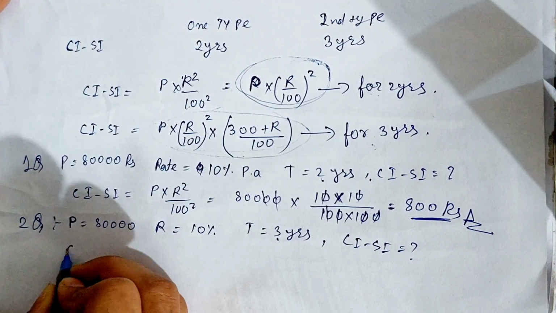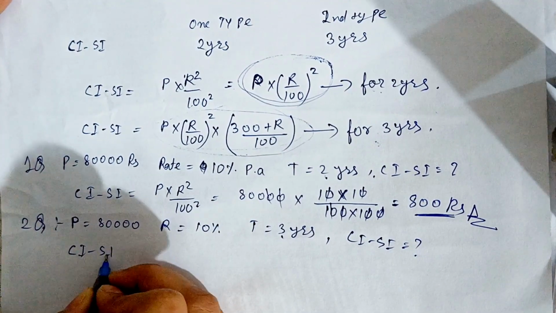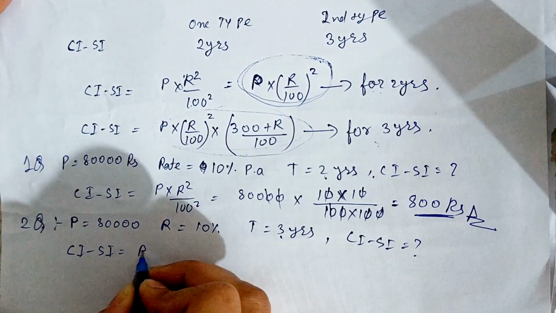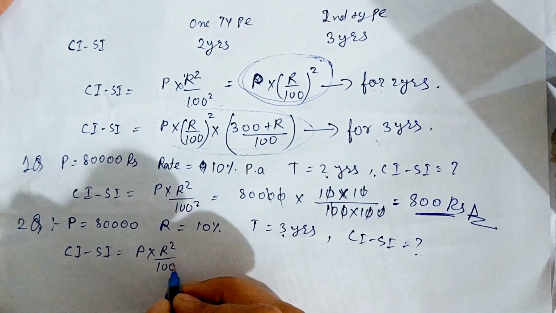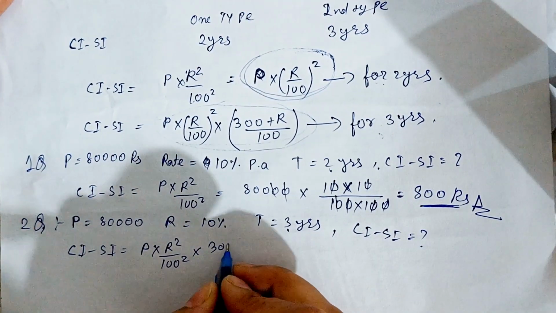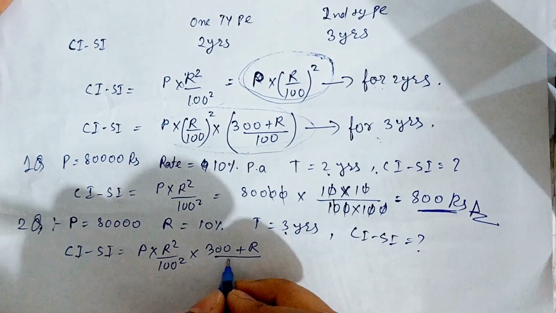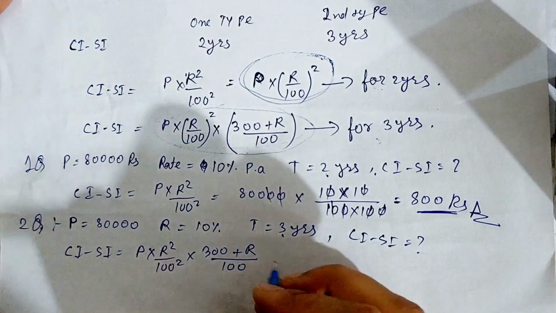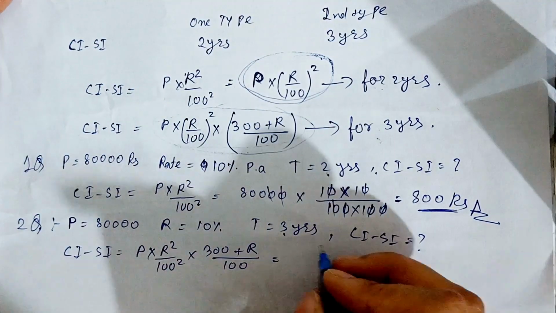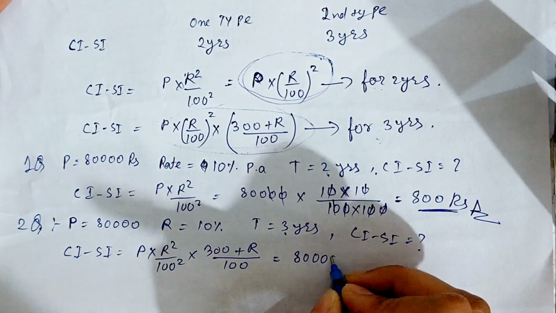So simply we put the values in the formula. First we write down the formula as given: P into R square by 100 square into (300 plus R) by 100. What is the value of P? 80,000.